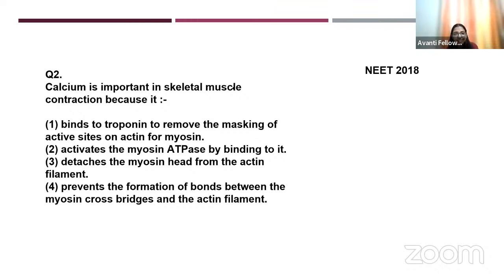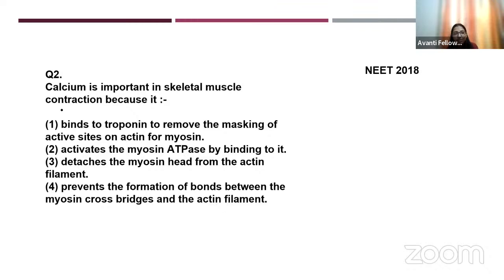Calcium is important in skeletal muscle contraction because: first, it binds to the troponin to remove the masking of the active site on actin for myosin; second, it activates the myosin ATPase by binding to it; third, it detaches the myosin head from the actin filament; fourth, it prevents the formation of the bond between the myosin cross bridge and the actin filament.